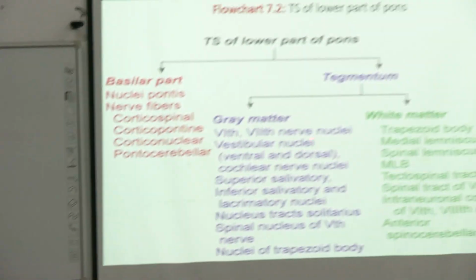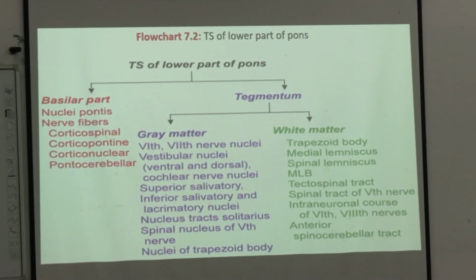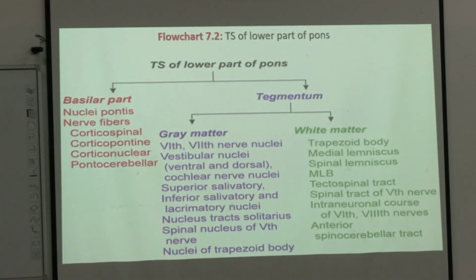So these cell bodies, the nuclei of the 6th, 7th and 8th cranial nerves, are there. The 8th cranial nerve has two components, vestibular and cochlear. Each of these, the cochlear and vestibular nuclei, are many, maybe 2 or 4. And along with that, we have the 7th and 6th cranial nerve nuclei.